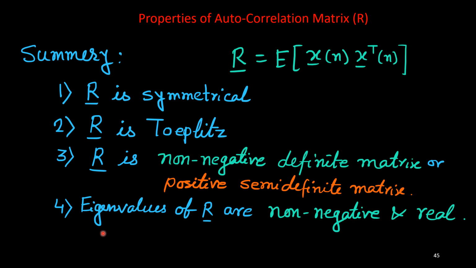And the fourth property we have considered here is that the eigenvalues of R are always non-negative and real. Next video we will discuss the eigenvectors of the R matrix and the corresponding relations. Another 3 properties of the R matrix we will be discussing in the next video.